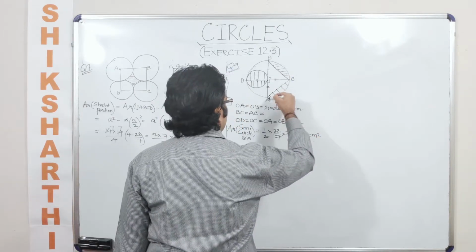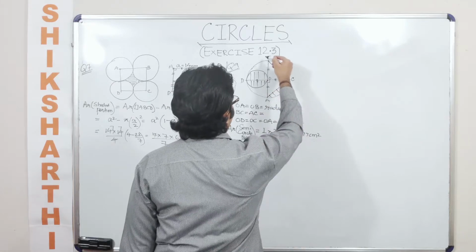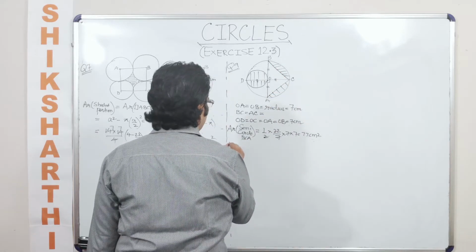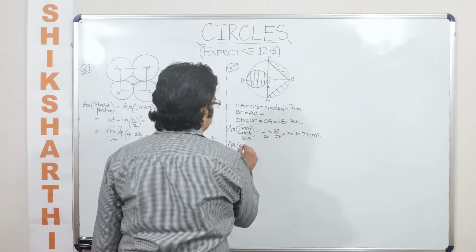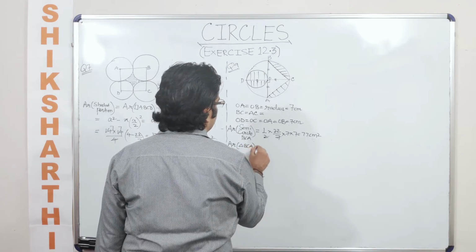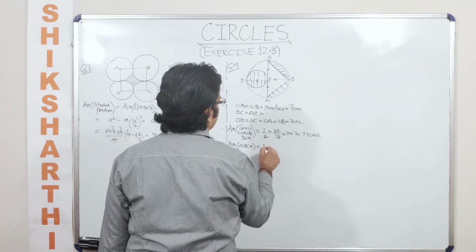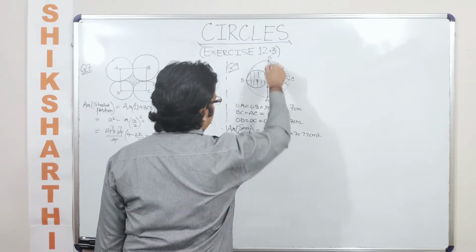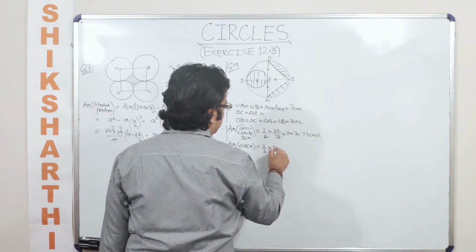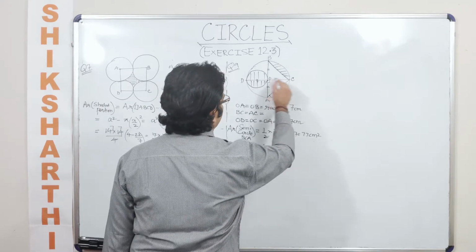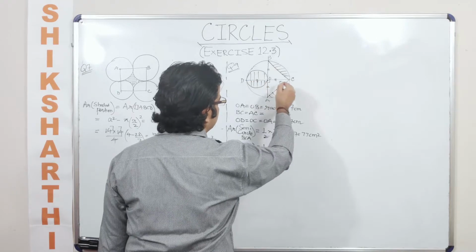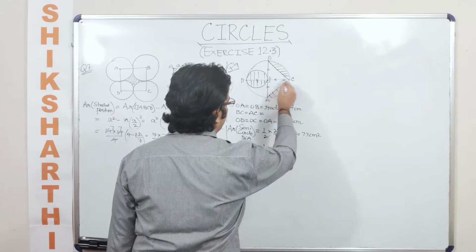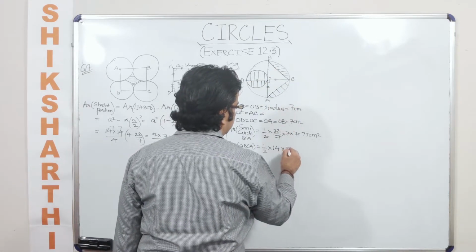From here, if I am able to subtract the area of the triangle, the area of the triangle BCA is equal to half into base. Half into base is AB, which is 14 centimeter, into the height. Why do we call this a height? Because it is given in the question that both the diameters are perpendicular to each other. So the height here is OC, which is 7 centimeters.